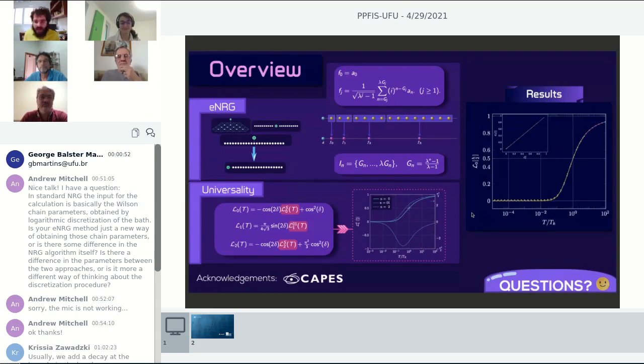But I have a kind of technical question, and you may have explained it already in your talk, but I probably missed it. At the beginning, you said when you map your conduction band, or your bulk material, into this tri-diagonal matrix, you have no diagonal term in the couplings. In traditional NRG, when your conduction band has no particle hole symmetry, you have diagonal terms.